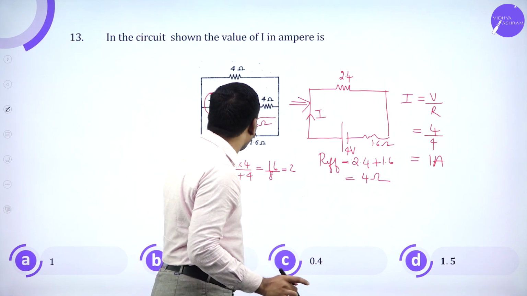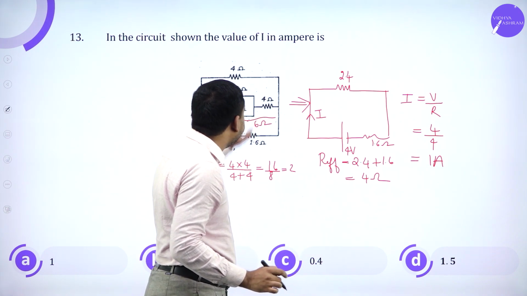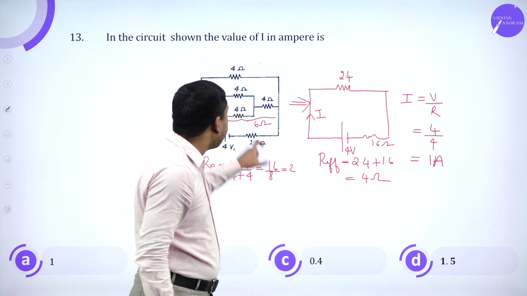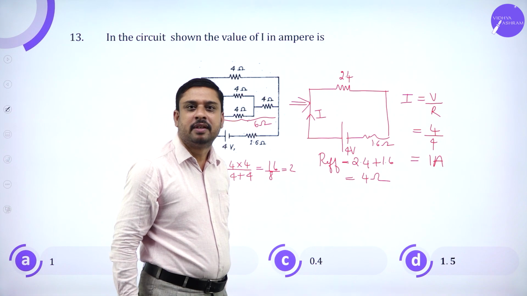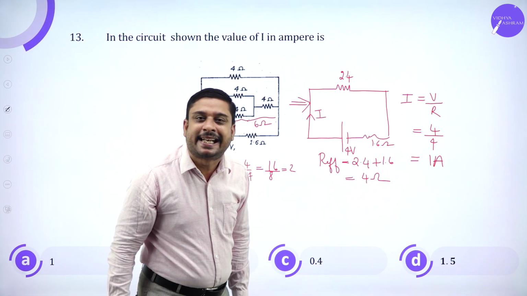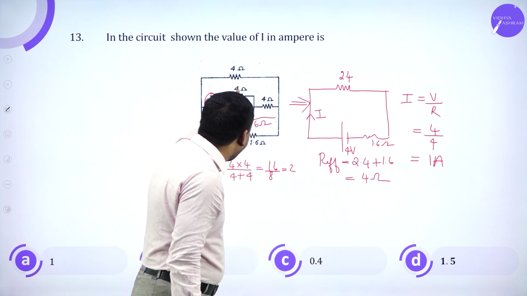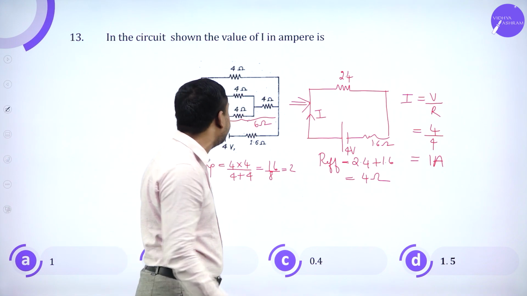But I have been asked to find out the current in this branch of the circuit. They are not asking for the main current, they are asking how much current is in this branch.